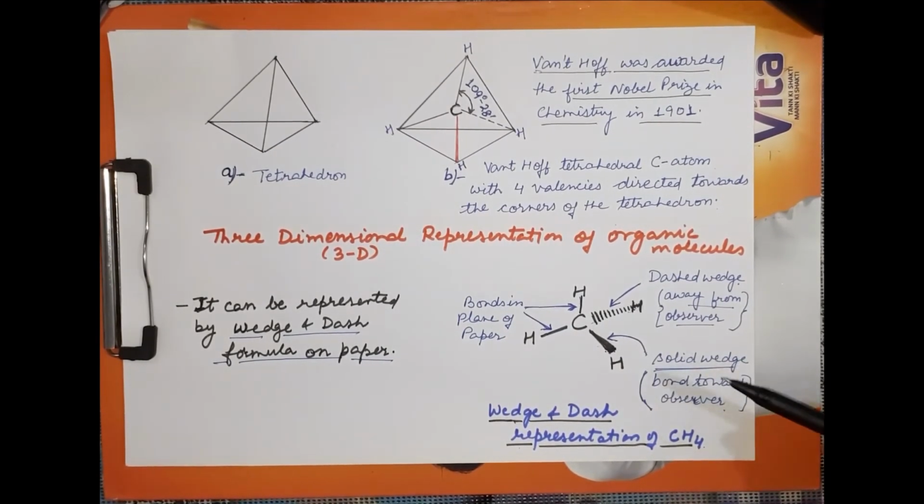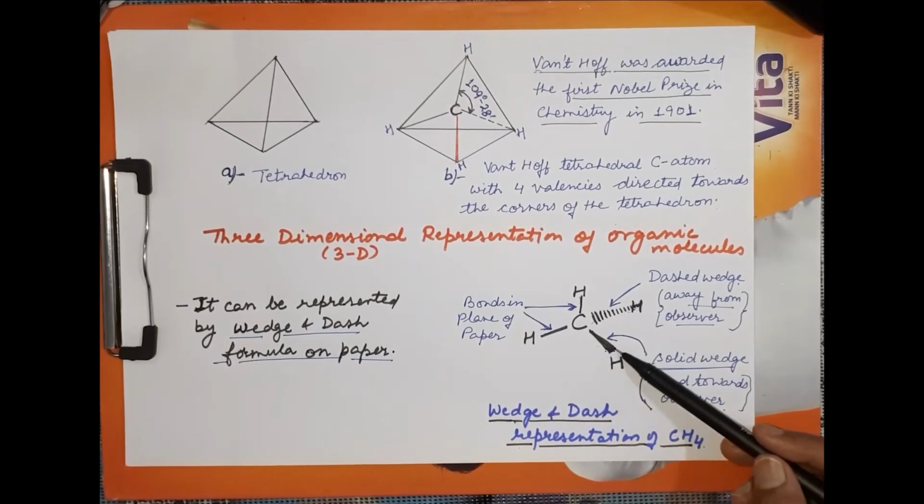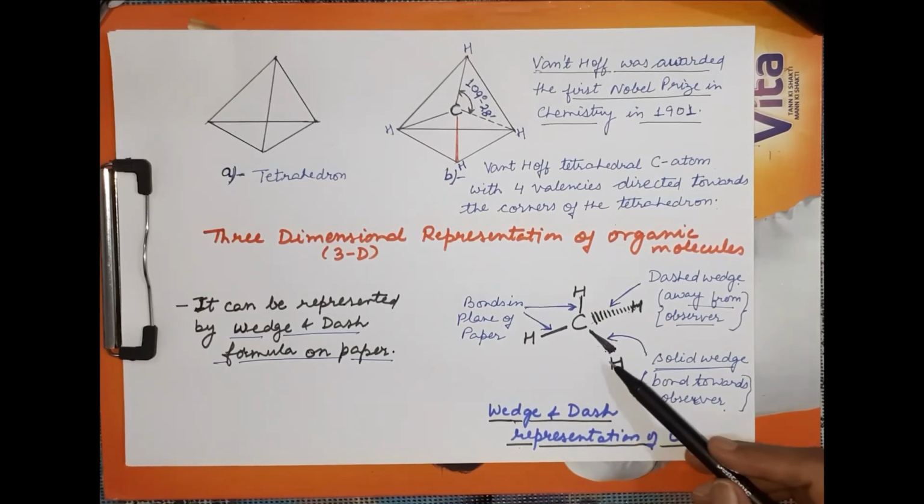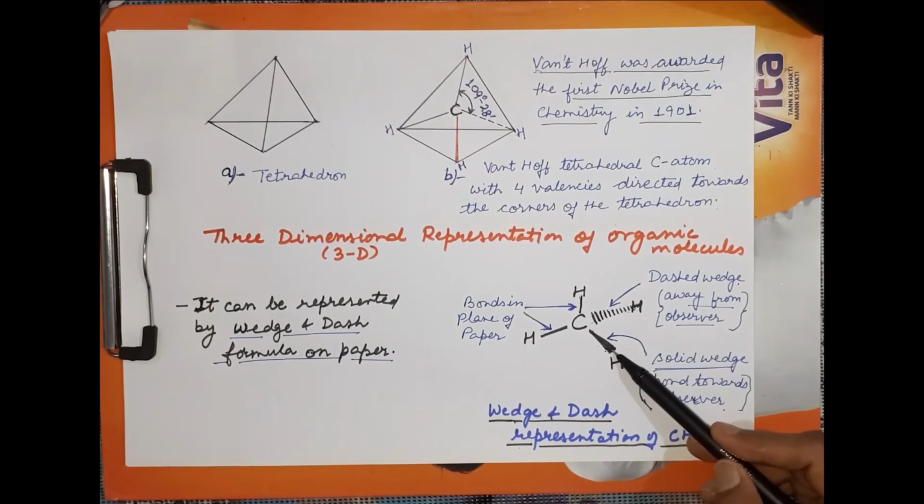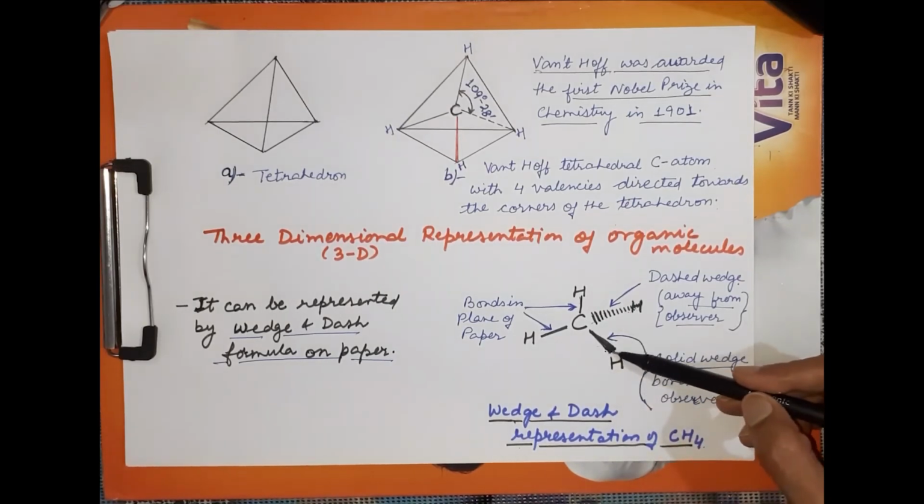One more point to remember is that in both these cases, wedges are used in such a way that the broad end is towards the observer. In the solid wedge, the broad end is towards the observer.